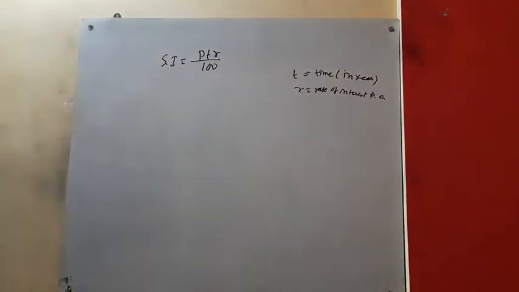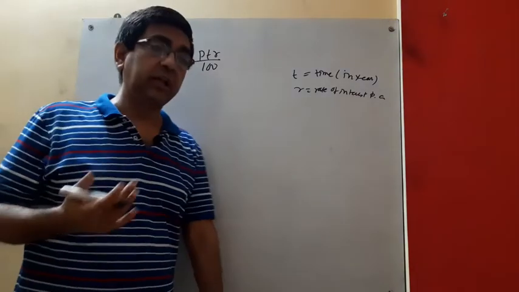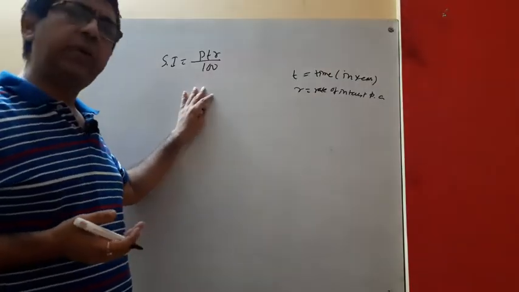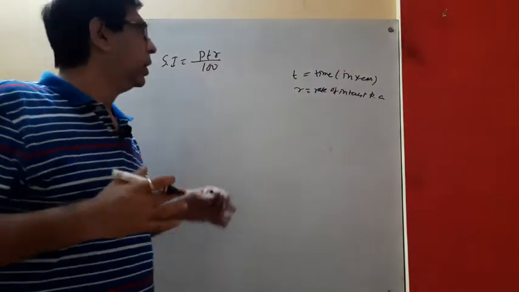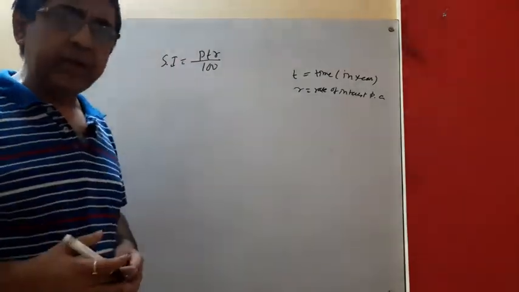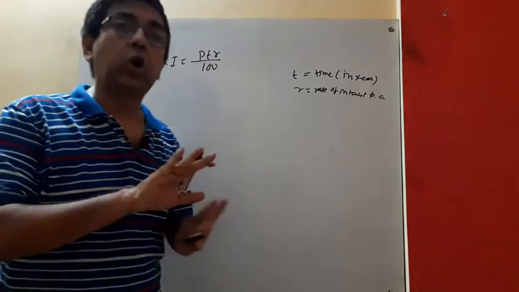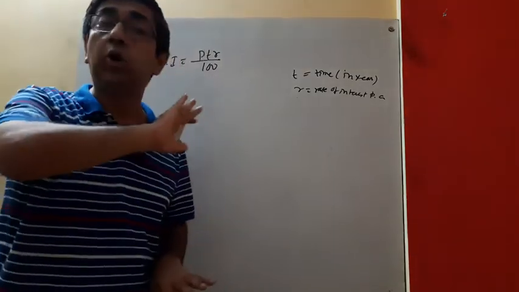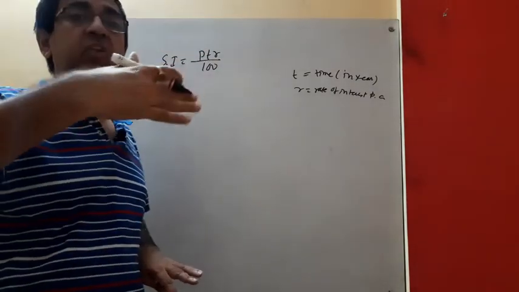Now we are going to compound interest. What is compound interest? Look here, in simple interest the principal is not changing. Whether you deposit the money for 3 years or 4 years, the principal will remain the same all through the years.